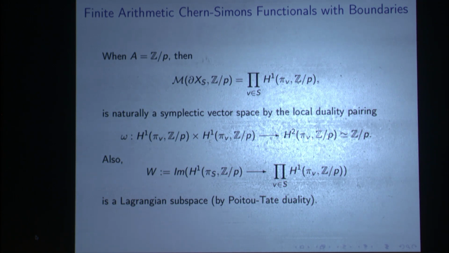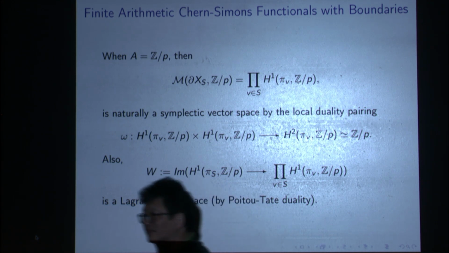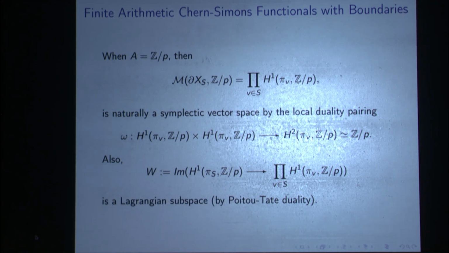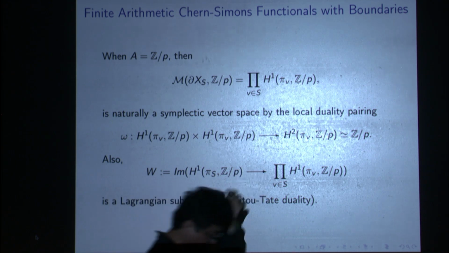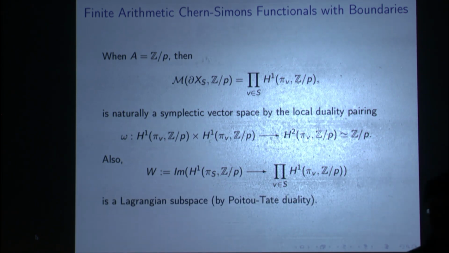But this symplectic vector space structure is also a fairly deep fact. This is another version of the local class field theory I mentioned earlier. The fact that you get an alternating perfect pairing from H1 into this H2, which is Z mod P again, is another version of local class field theory. So it becomes a symplectic vector space.